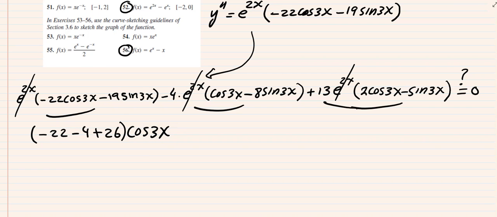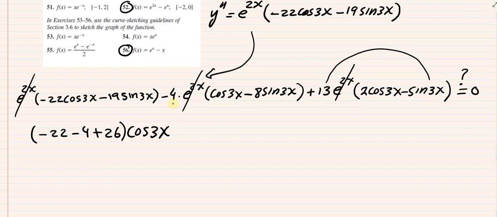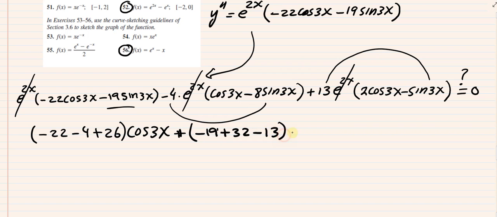Okay, and then let's take a look at sines. Same thing with the sines. We have 13 here, positive 32 here, negative 19 here. Plus, on the sine side of things, I have negative 19 plus 32, negative 13 of sine 3x.